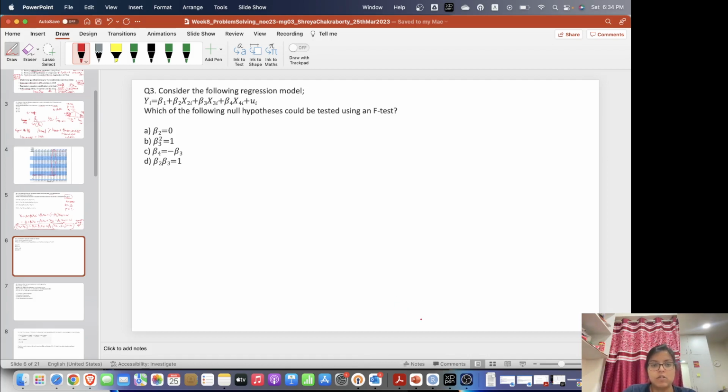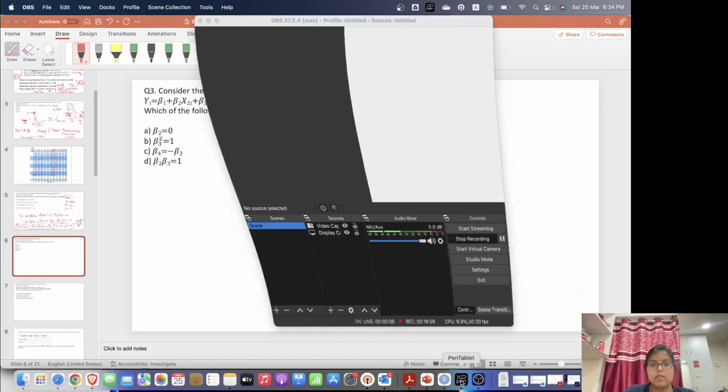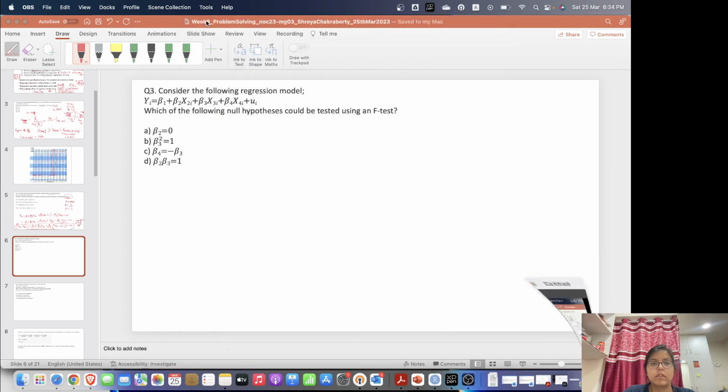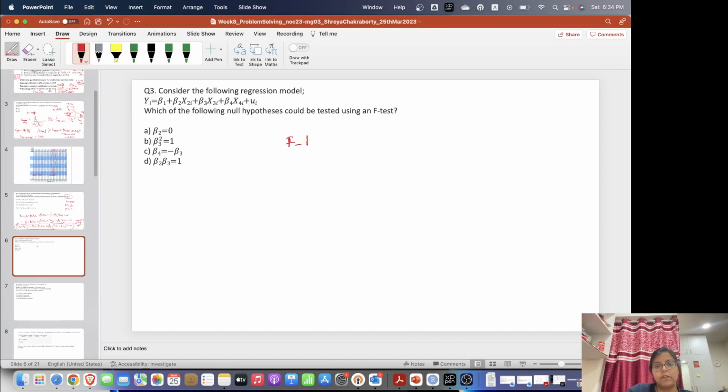We have been asked to consider the following model, and which of the following null hypotheses could be tested using an F-test? So we have to keep this in mind that for an F-test we need to have linear restrictions on the parameters.